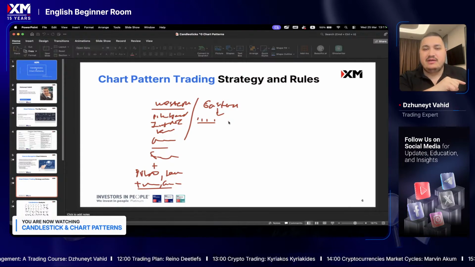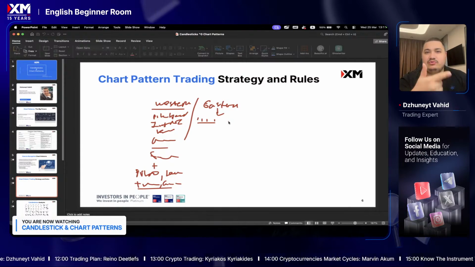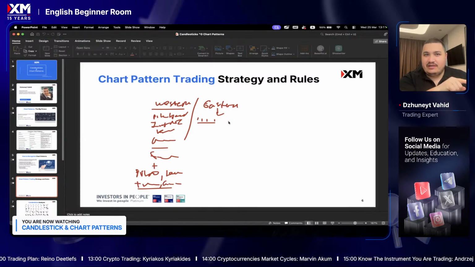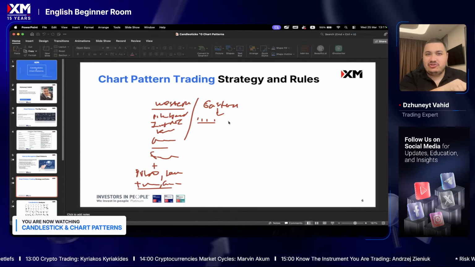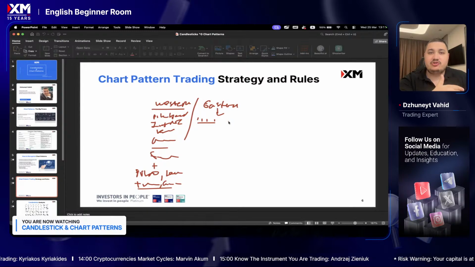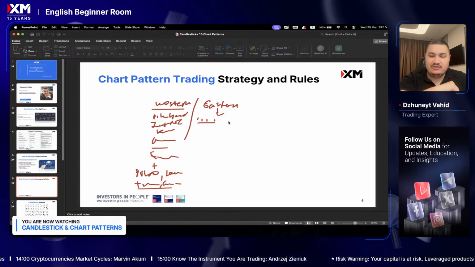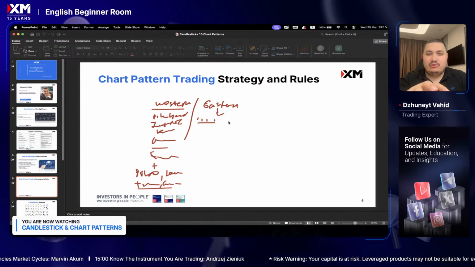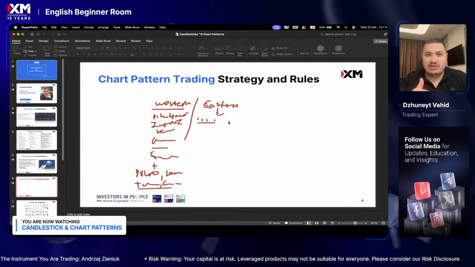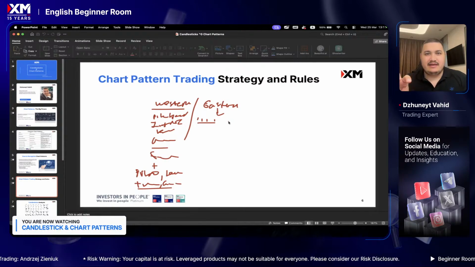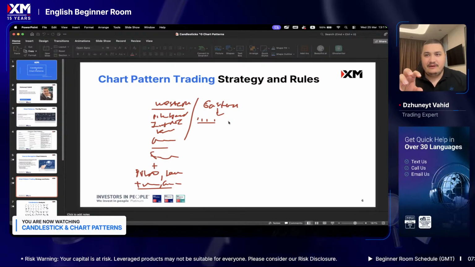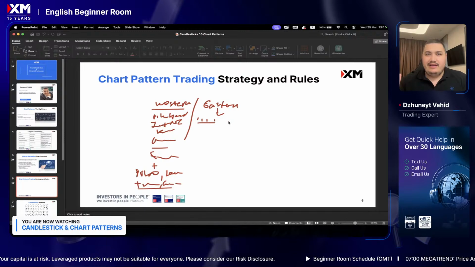Yesterday we had a session about risk management, so today I'm only touching it. If you were in yesterday's session, you probably learned a lot of things about risk management. Now you need to understand market behavior so you can generate a trade idea. When you generate a trade idea, you risk profile this trade idea. After you risk profile it, you execute it, and you are already prepared with your plan for management.